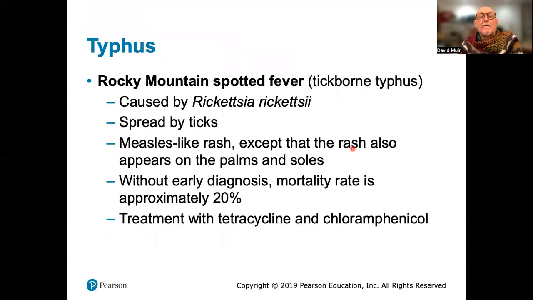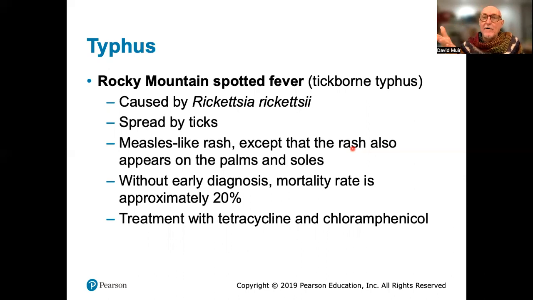There is another typhus. Typhus refers in general to these rickettsial diseases, but this one is one I'm sure you've heard of. It's Rocky Mountain spotted fever, and this is called tick-borne typhus. Now, here's a rickettsia which is being carried not by a louse, an insect, but by an arachnid, the tick.